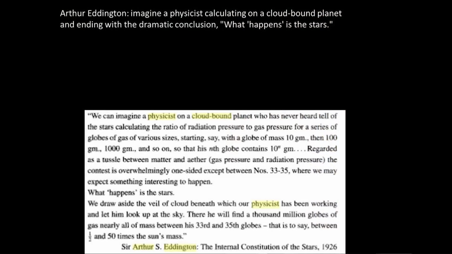But anyway, what he did that's relevant to this lecture was a most amazing prediction that has been verified. And so he said that, imagine a physicist living on a planet always cloud-bound. You could never see the sky, okay? And he said this physicist could predict there had to be stars out there, okay, just from pure reasoning of physics, simple physics.